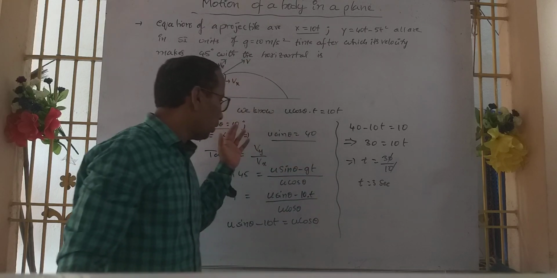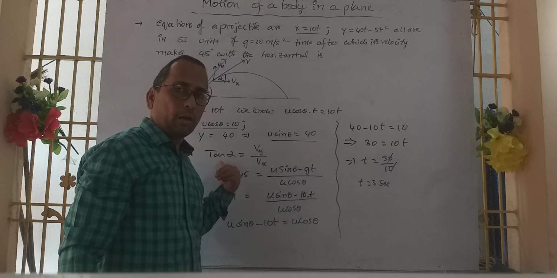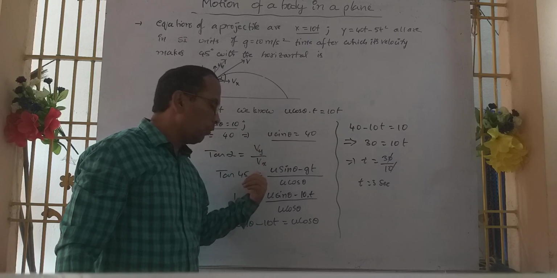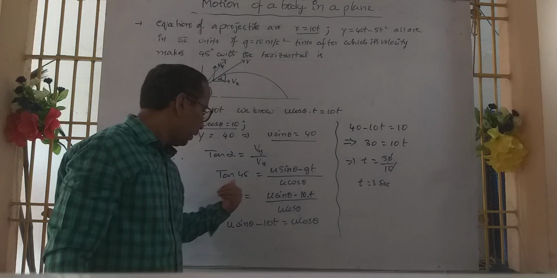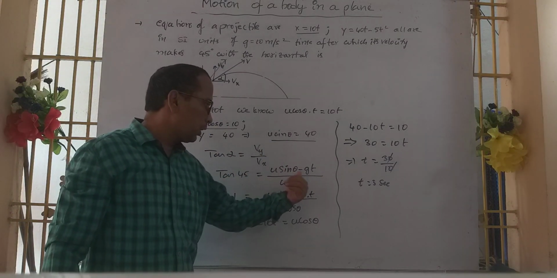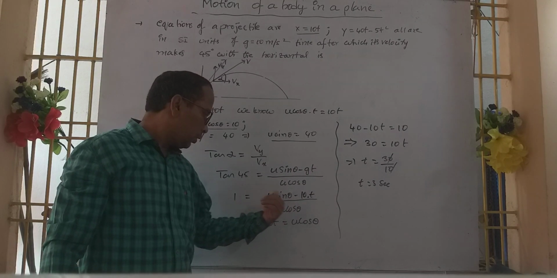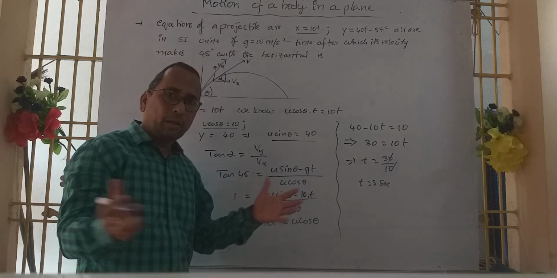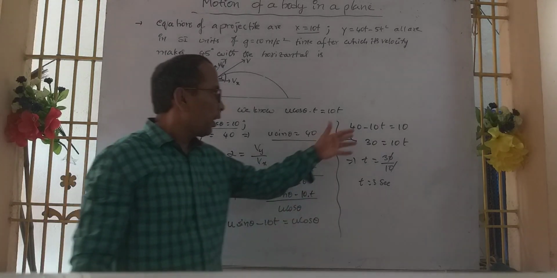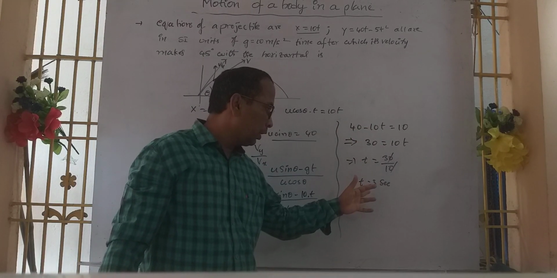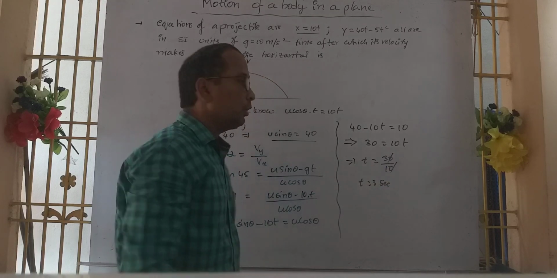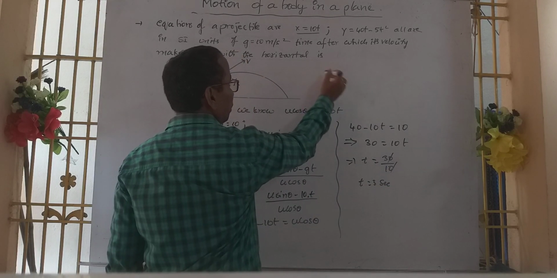Then two values are there, and the formula tan alpha is equal to vy by vx. Then tan 45 is equal to u sin theta minus gt by u cos theta. Substituting the values, cross multiplying and simplifying, we get t is equal to 3 seconds. This is the solution.